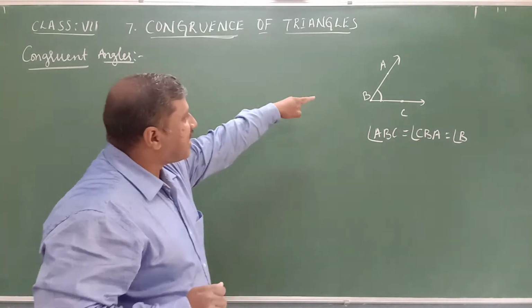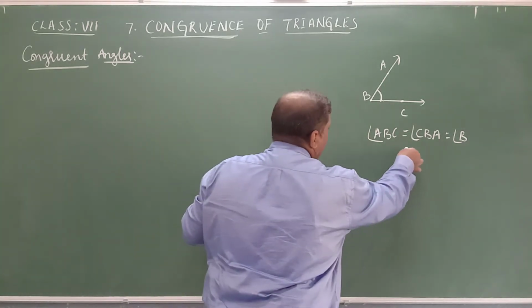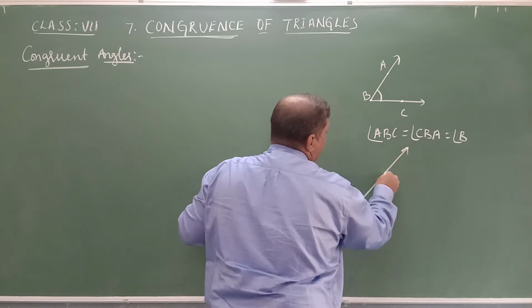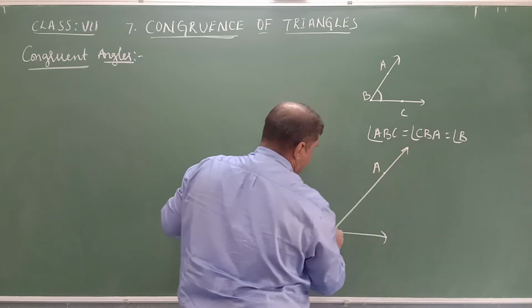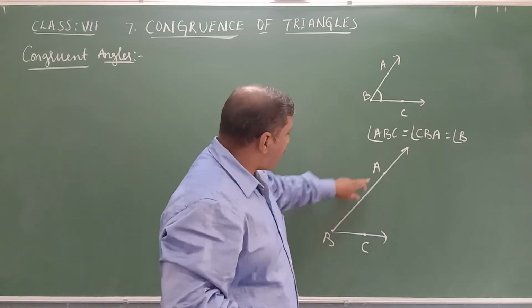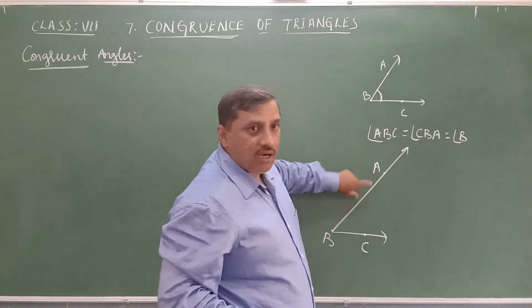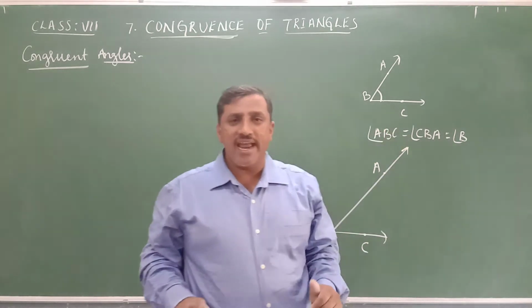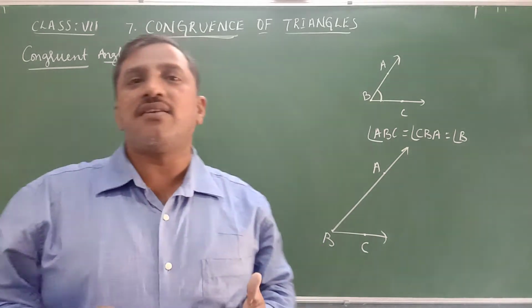Even if this is angle ABC, if I extend like this, it is also an angle, with A, B and C. Can you find the length of any ray?